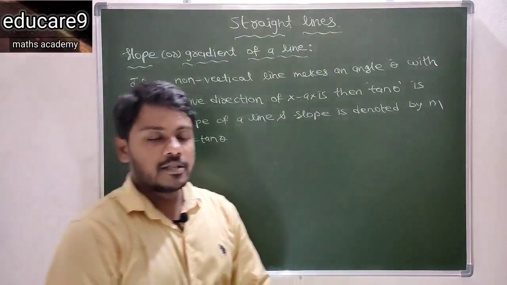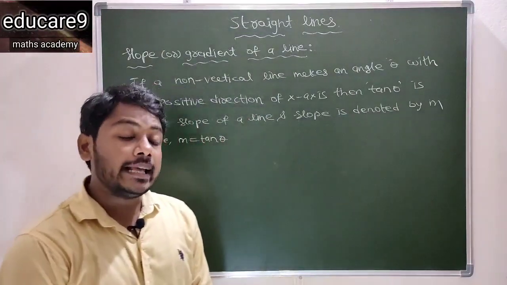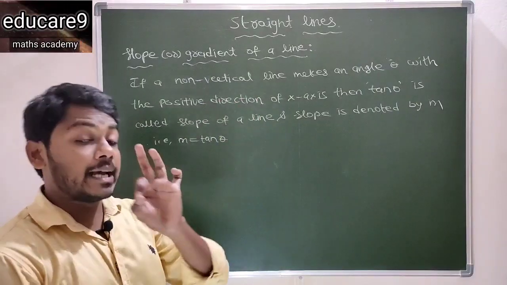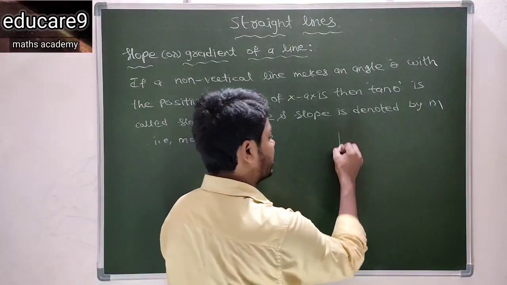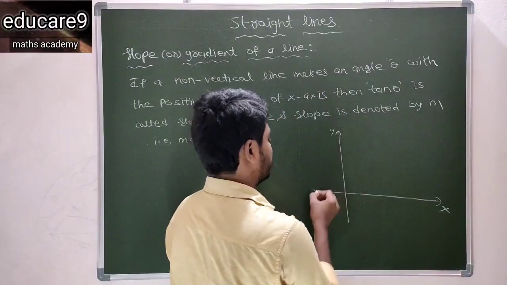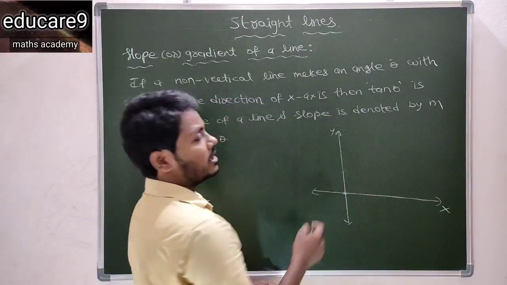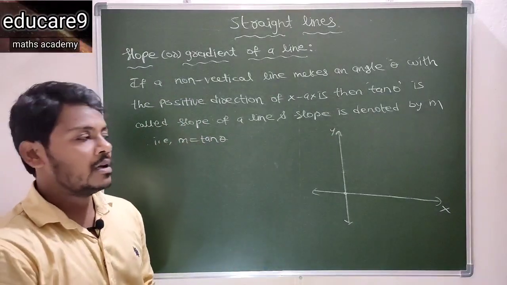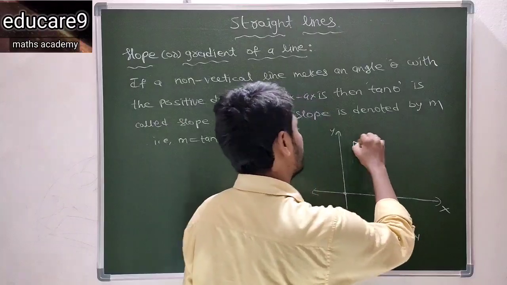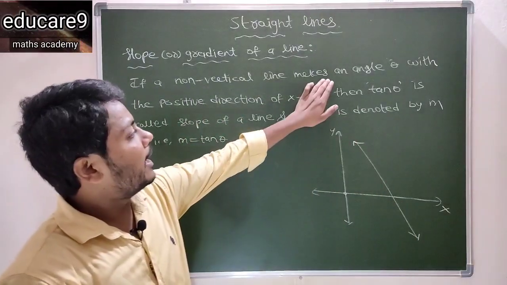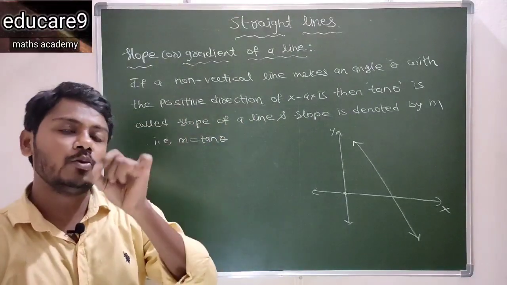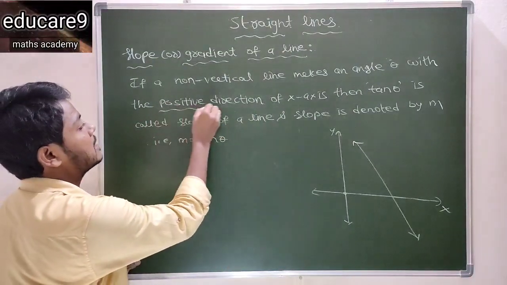Okay. So see here, next one, slope or gradient of a line. Here, consider any non-vertical line on the coordinate axis, x and y axis. Suppose this is any non-vertical line, and that line makes an angle theta with the positive direction of the x-axis.